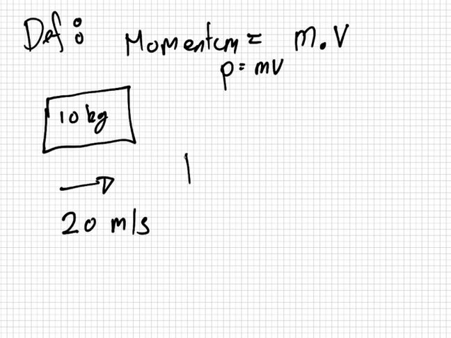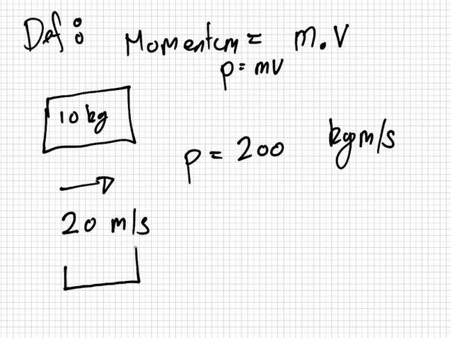So what's the momentum here? It would be 200. It's just mass multiplied by velocity. And what's the unit? It'll be kilograms meters per second. Now let me take this example. This is 20 kilograms going at 10 meters per second.